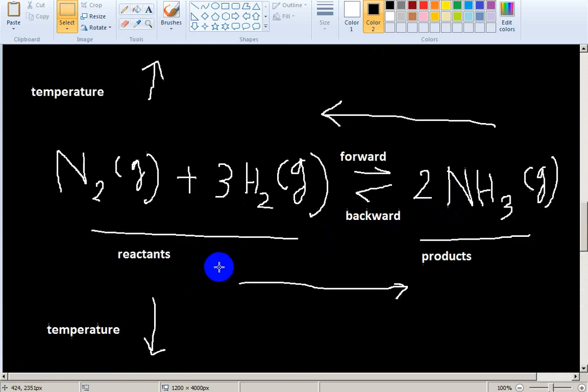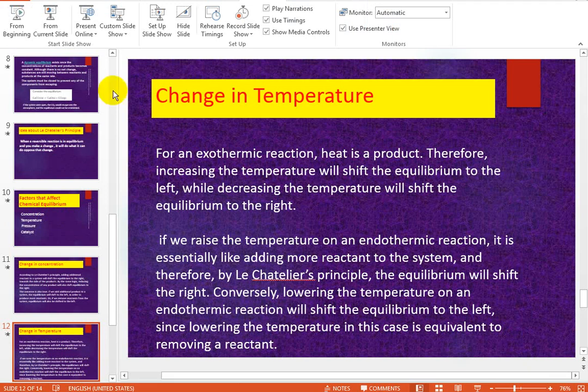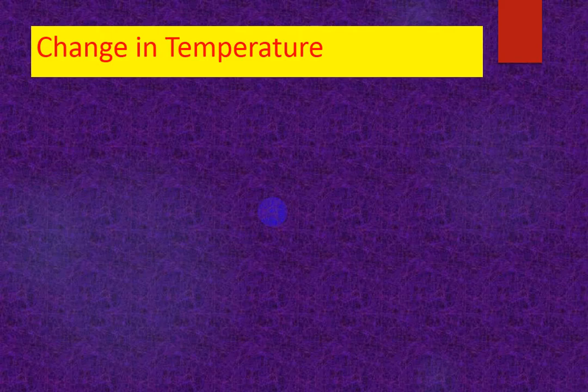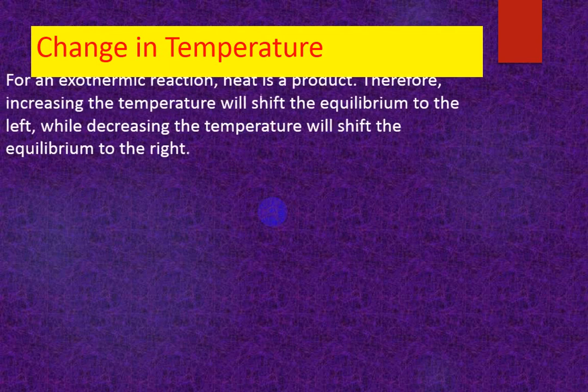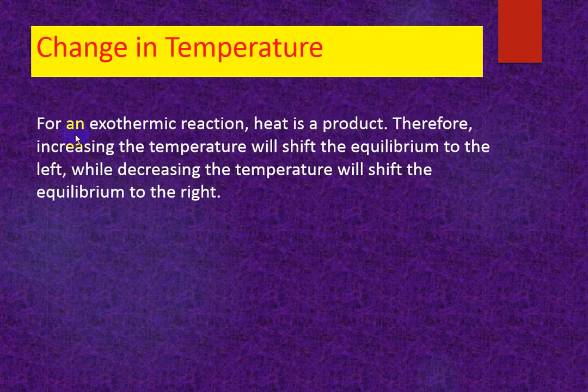So this is the temperature effect for exothermic and endothermic reactions, change in temperature. For an exothermic reaction, heat is produced, therefore increasing the temperature will shift the equilibrium to the left, while decreasing the temperature will shift the equilibrium to the right.